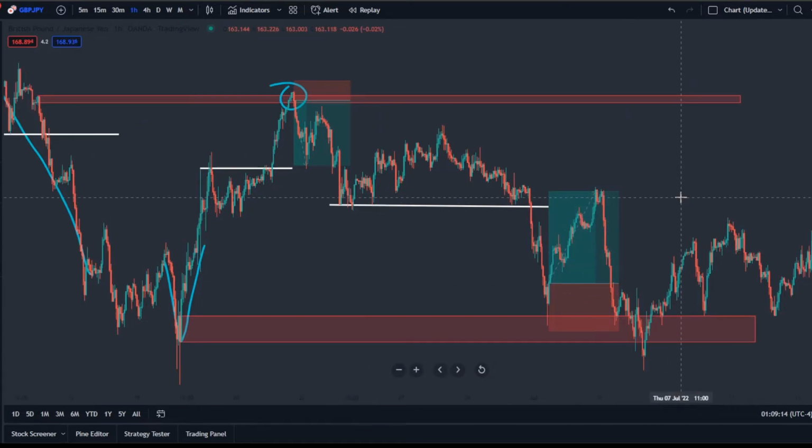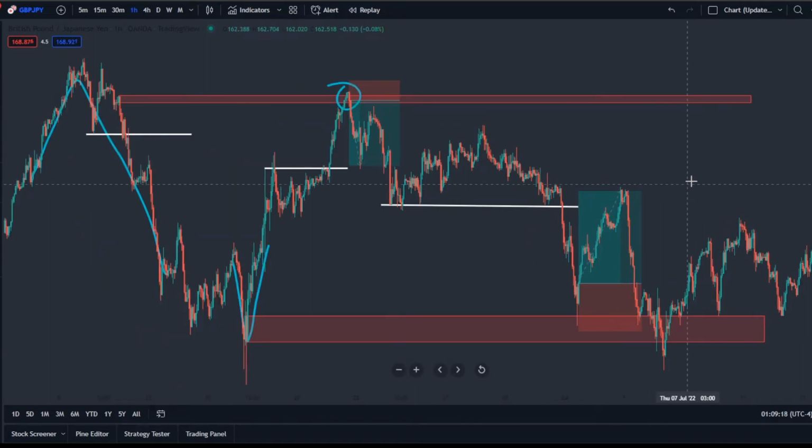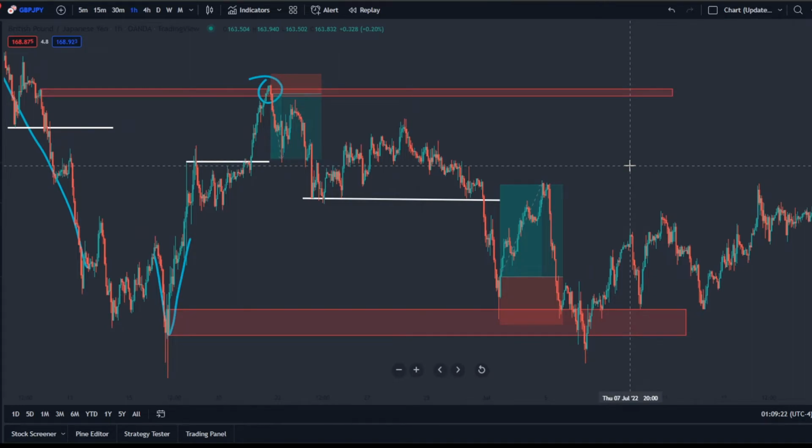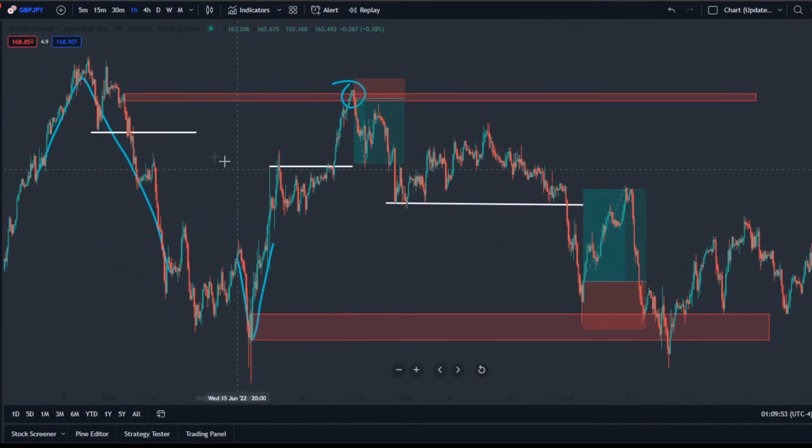Before I end this video, I would like to highlight one thing about this strategy. This strategy usually works for the first and the second time the price reaches the area, and in my experience, if the price reaches the supply or demand zone for the third time, it usually breaks the zone. For example, this is my supply area.